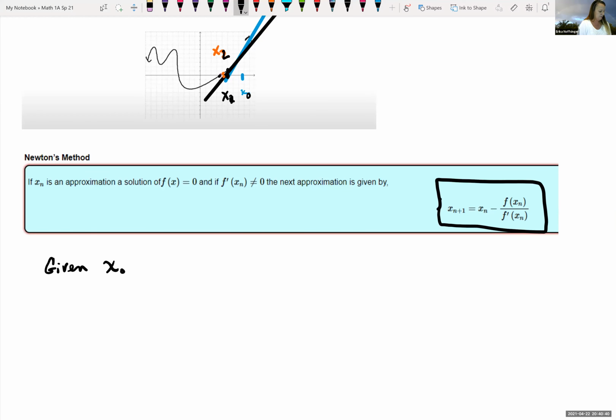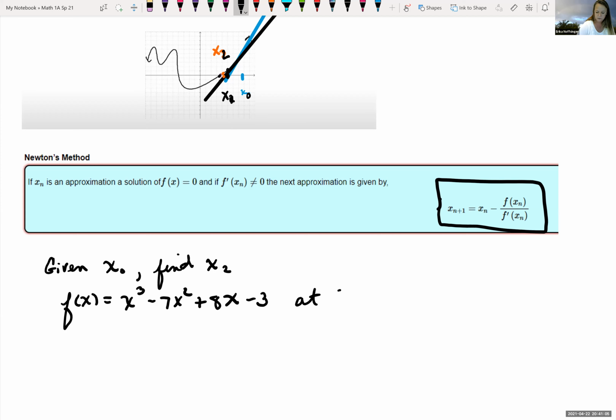Given x of 0, we want to find x of 2. We're given f of x is equal to x cubed minus 7x squared plus 8x minus 3, and x of 0 is 5.